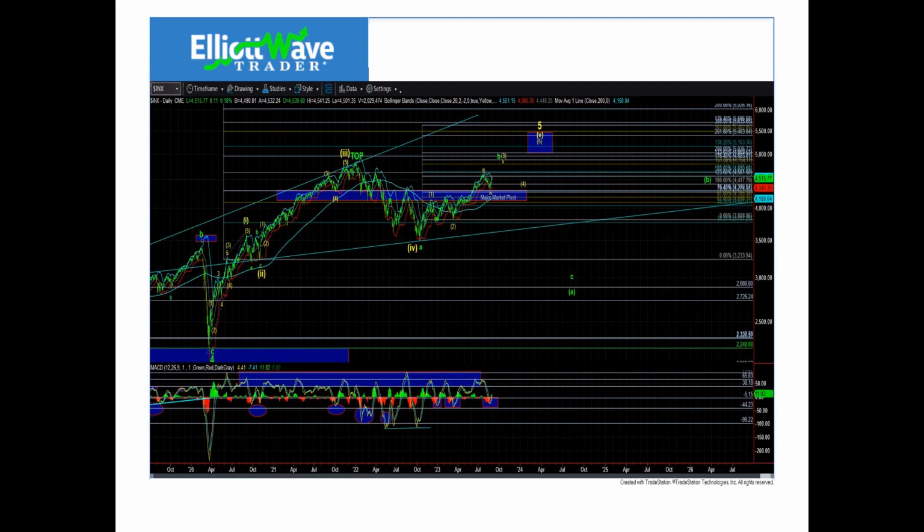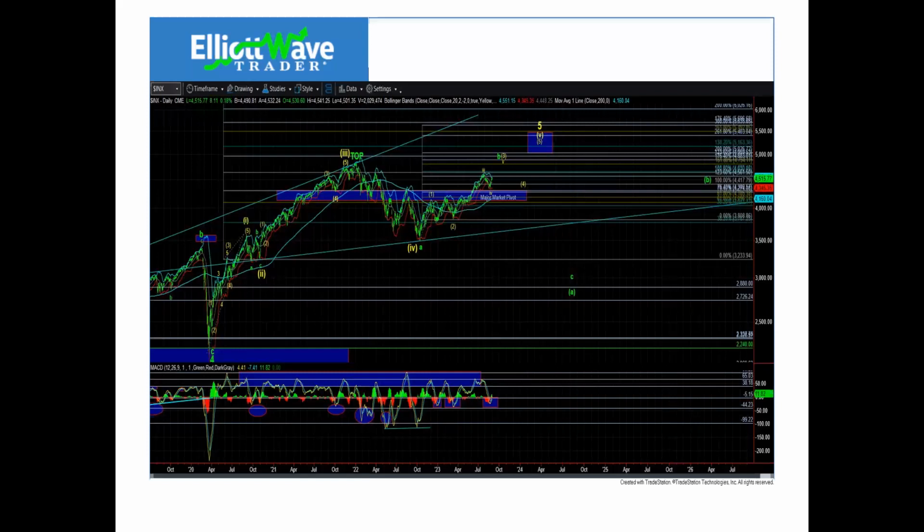The question then becomes, do we top out at 4,800 and make a double top? Or do we get another corrective pullback, as you could see, my yellow wave 4, and then that sets us up for the rally up towards 5,000 plus. Now, if you can make it out, what I'm looking at is 4,800 to about 4,900 on the next rally, a pullback to just around the 4,400 region, and then a final rally up to 5,000 plus.